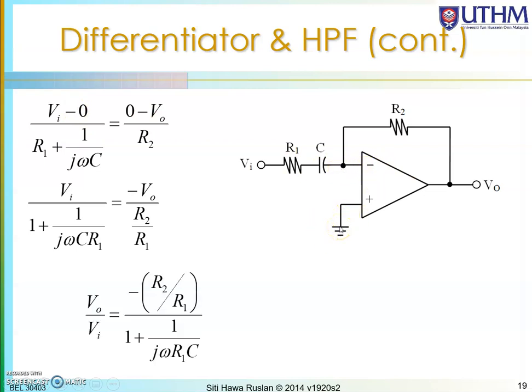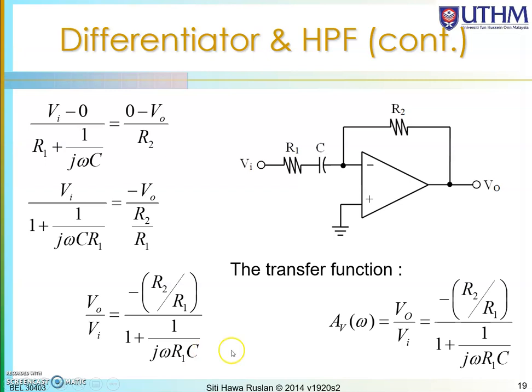Okay. And you get the VO over VI, which is simply minus R2 over R1 divided by 1 plus 1 over j omega R1C. So the transfer function A, which is the ratio of VO over VI over here, is minus R2 over R1 over 1 plus 1 over j omega RC. So this is the transfer function, the maximum gain.